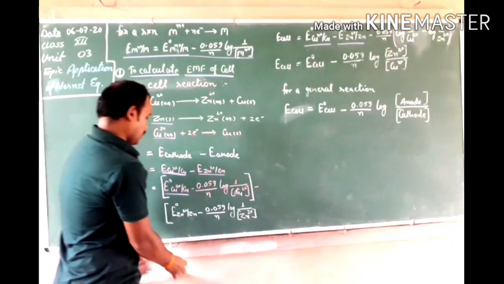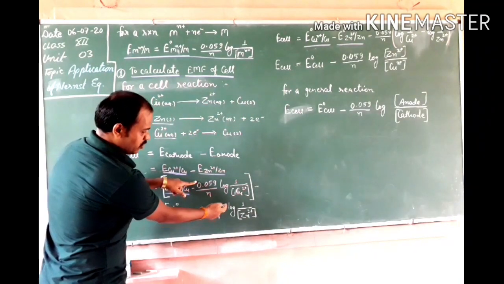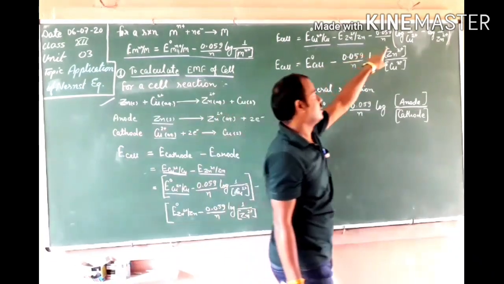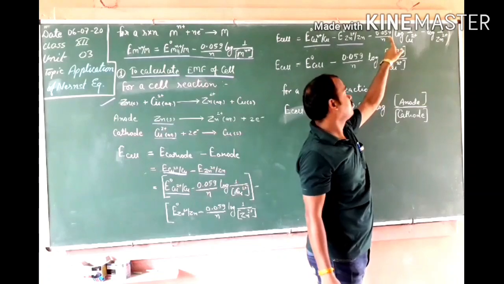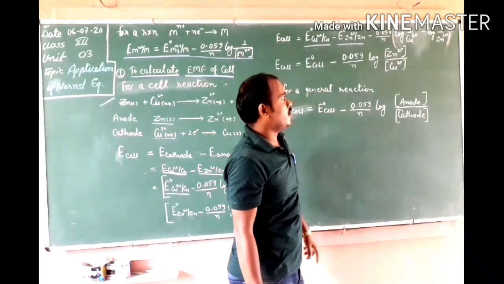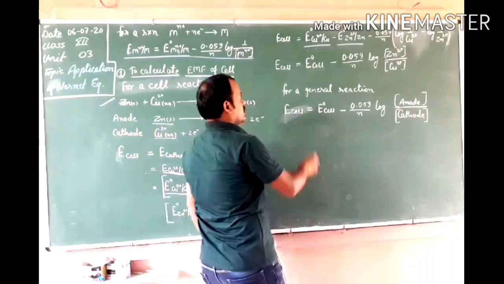Now in the rest of the values, 0.059 by n and 0.059 by n are common, so we take 0.059 by n common, and log 1 by Cu2+ minus log 1 by Zn2+. These are the concentrations of the solutions.